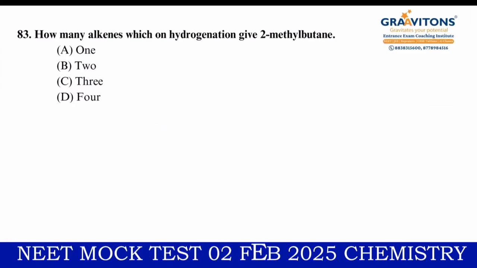83rd question, how many alkenes on hydrogenation give you 2-methyl-butane? First, let us write the structure of 2-methyl-butane. CH3, CH3, here CH2. The second carbon will have 1 methyl group, so here 1 hydrogen should be present. So what are the possible ways of forming this compound?